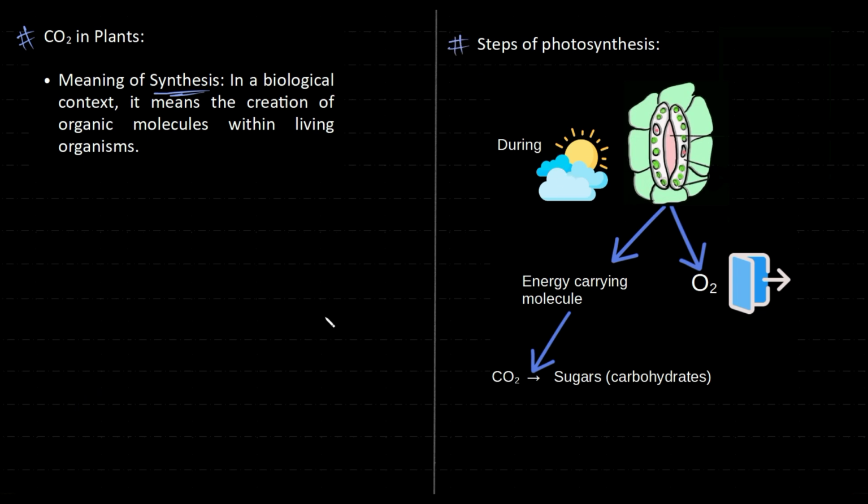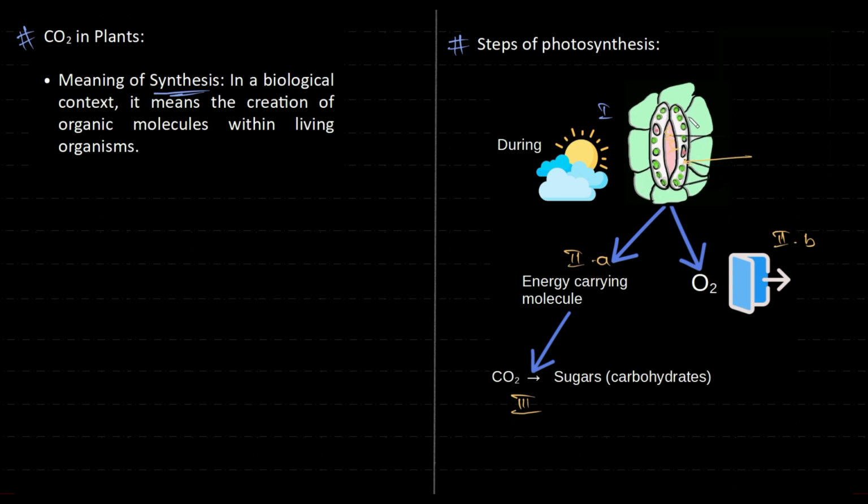During daytime, can you guess what happens? The steps involved in photosynthesis. This is the first step, second step part A, and second step part B, and then the third step. So we have the stomata over here, we have the guard cell over here, right?